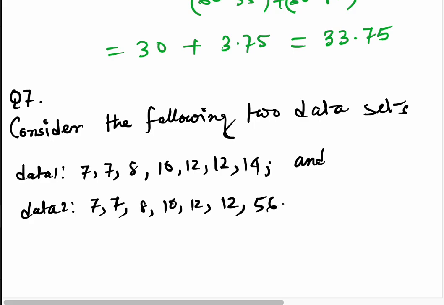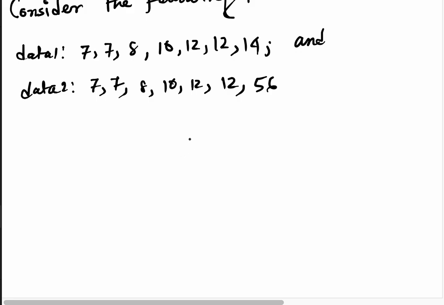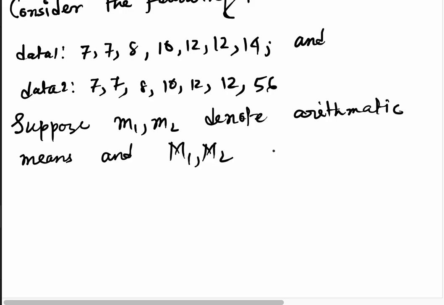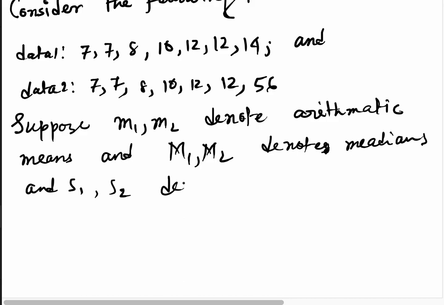Now we have to calculate here, suppose m1, m2 denote arithmetic means, and M1, M2 denote medians, and S1, S2 denote standard deviations.